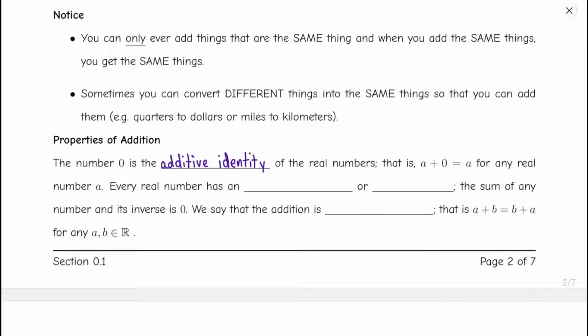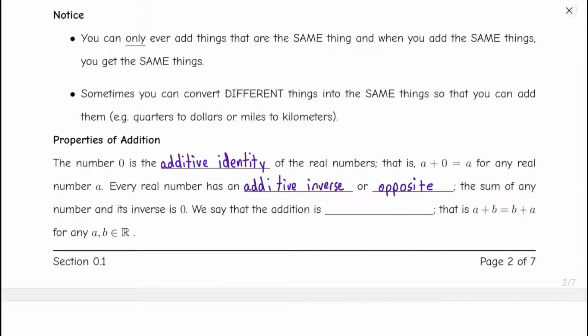Every real number has an additive inverse, or in simpler terms, we call this the opposite.